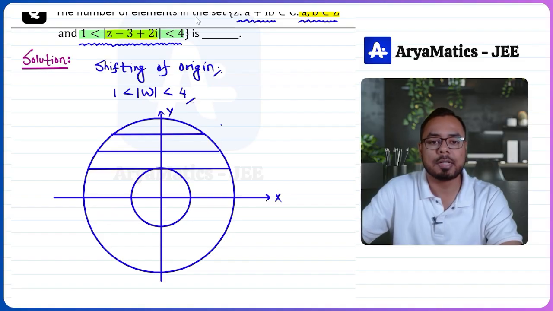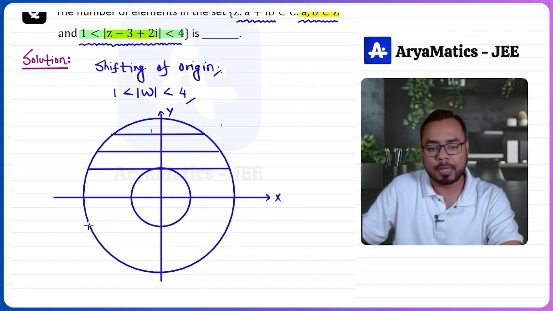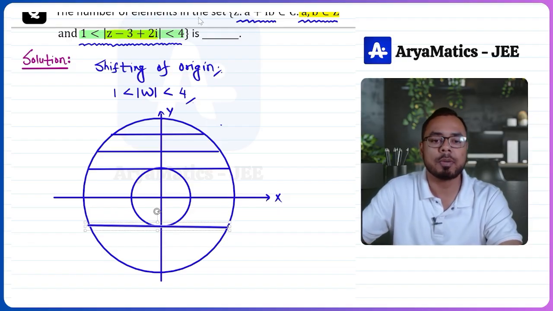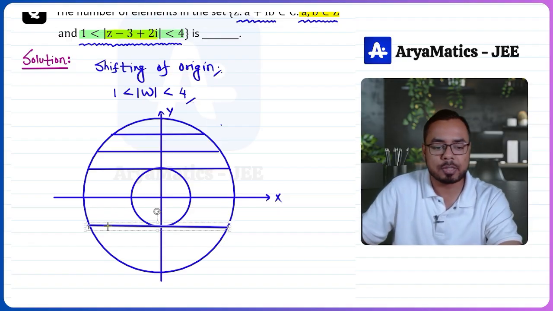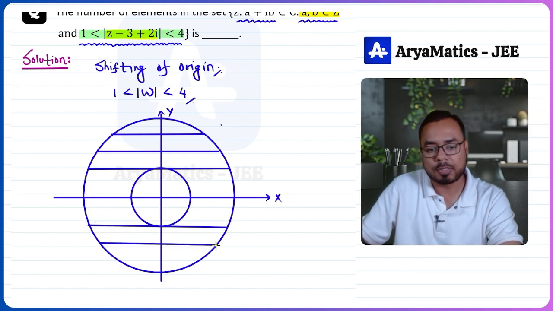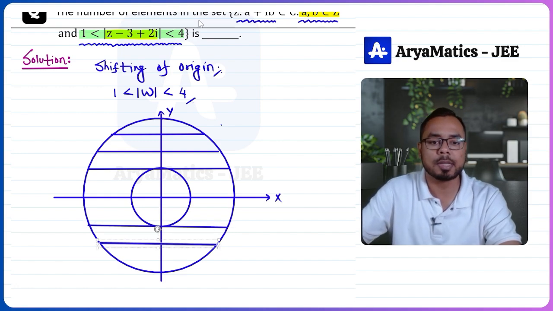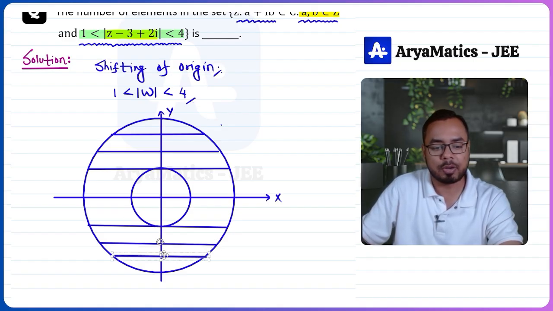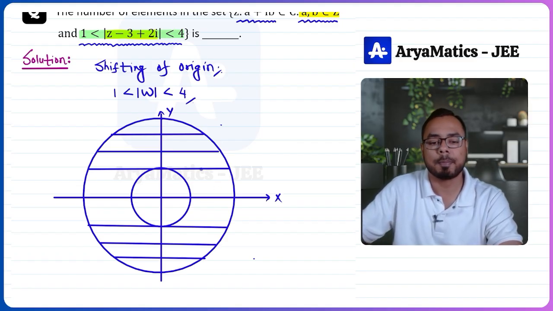And on the negative side also, because the figure is symmetric about the x-axis, the number of points on y equals 1 and minus 1 will be the same. The number of points with integral coordinates on 2 and minus 2 will be the same. And similarly, on the lines y equals 3 and minus 3, these two will be the same. This line is y equals 1. Here we have y equals 2 and so on.